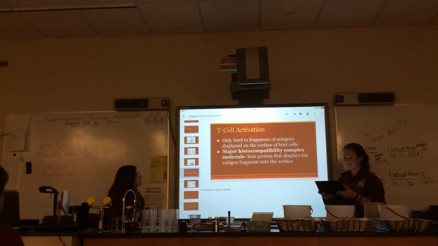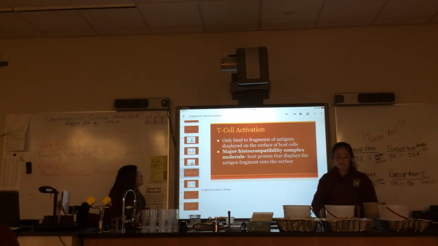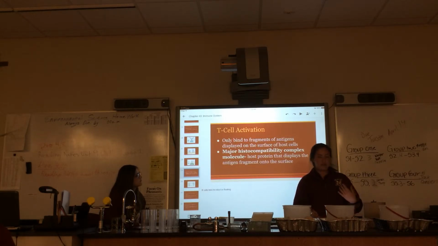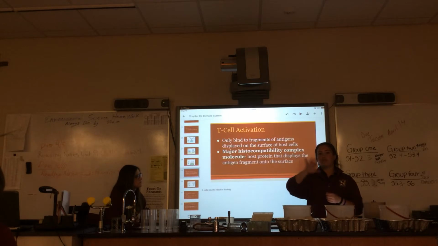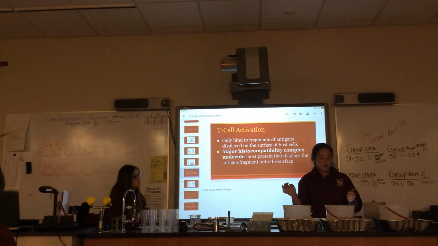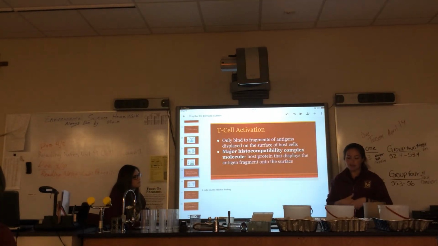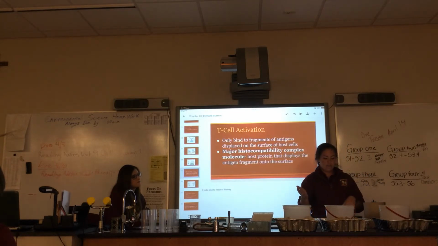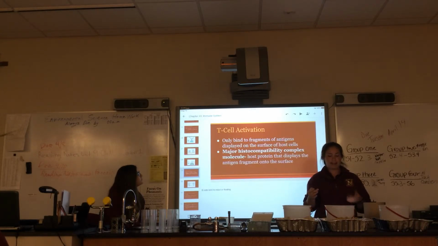Okay, so T cell activation. Unlike B cells, which bind to antigen on the surface of the pathogen, the T cell only binds to fragments within a pathogen, and they only bind to antigens that are displayed on the surface of a host cell. I'll show you a diagram on the next slide to help explain it.